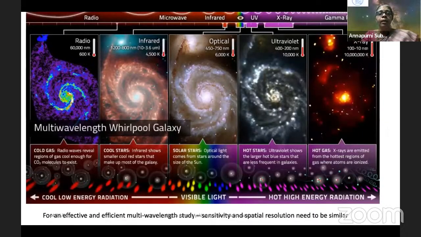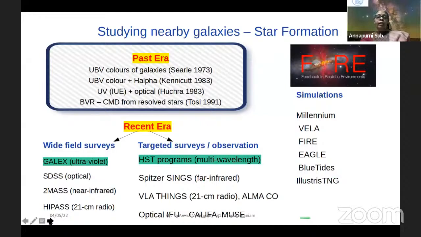And this is not very new to the audience here, because multi-wavelength astronomy looks at various kinds of emission mechanisms, right from the cold to the hot gas. It traces various aspects and is able to produce a comprehensive, holistic picture of the galaxy and all the activities going on out there. Also the tools, particularly if you're looking at nearby galaxy star formation: previously you would look at the UBV colors or a UV spectrum, optical, and then the CMD of resolved stars.